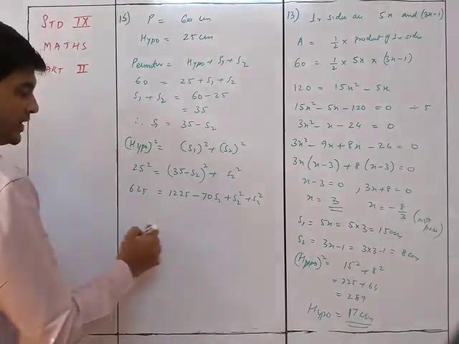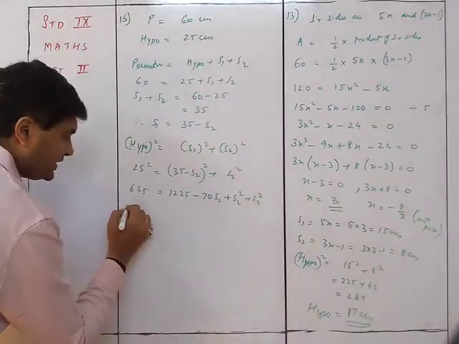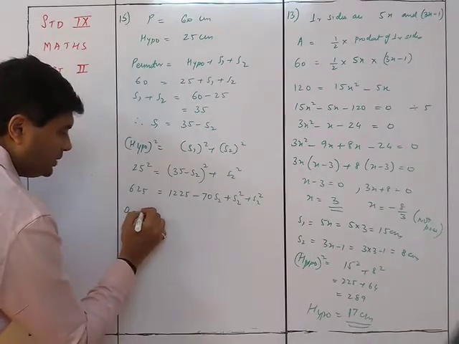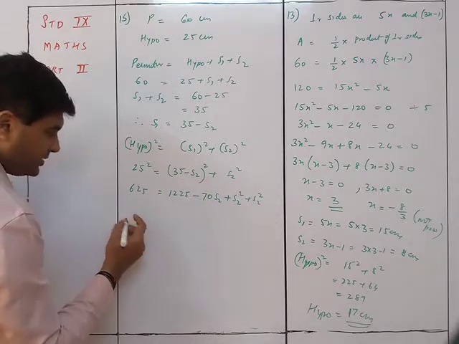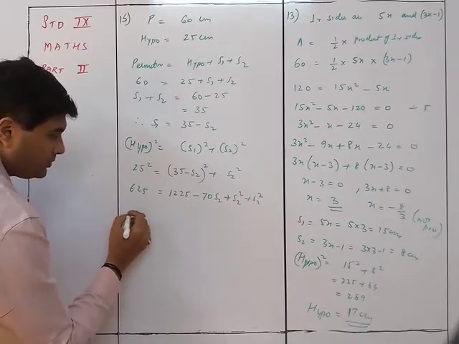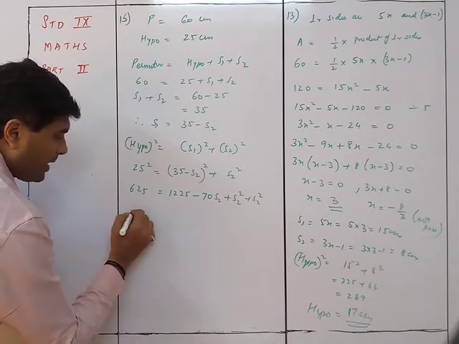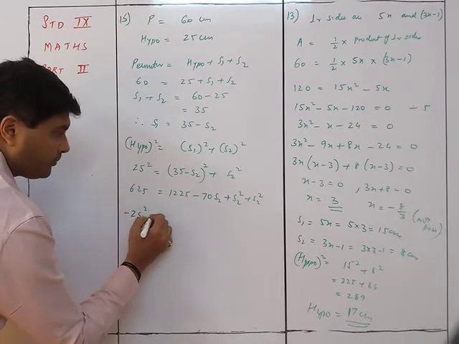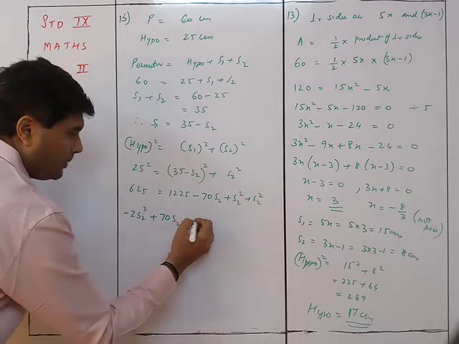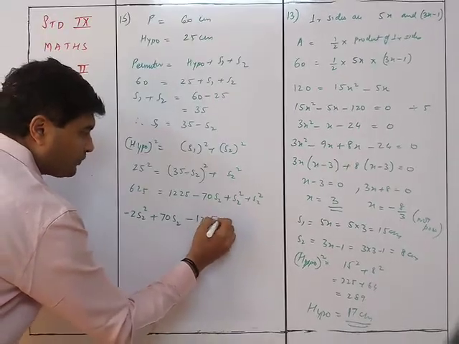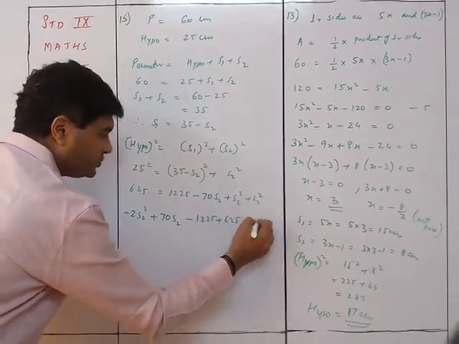So this is the quadratic equation. This is 0 is equal to 1225, or we can take everything on this side. So we get minus 2 S2 square plus 70 S2 minus 1225 plus 625 is equal to 0.